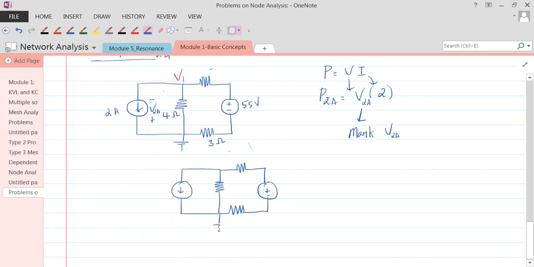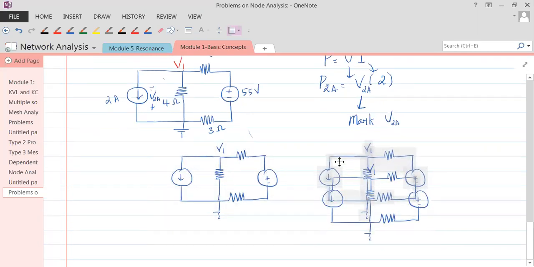This is ground. Now when I say V1 here, what does it mean? It means just this. Everybody just has to concentrate.